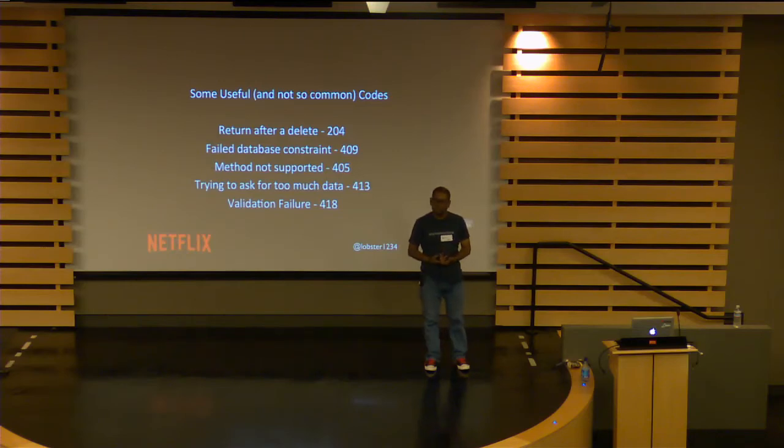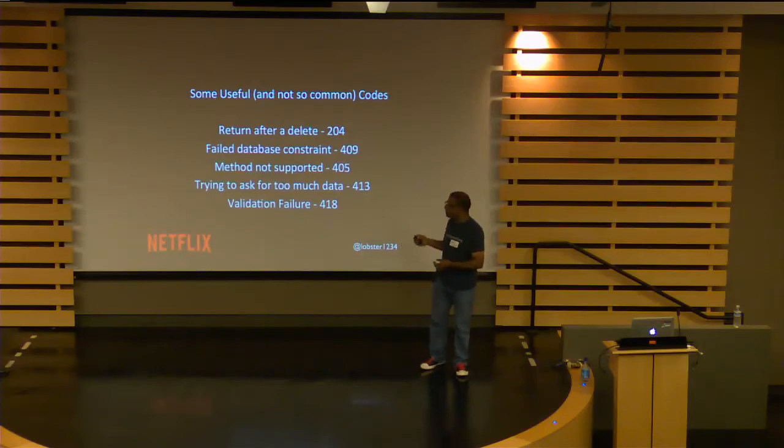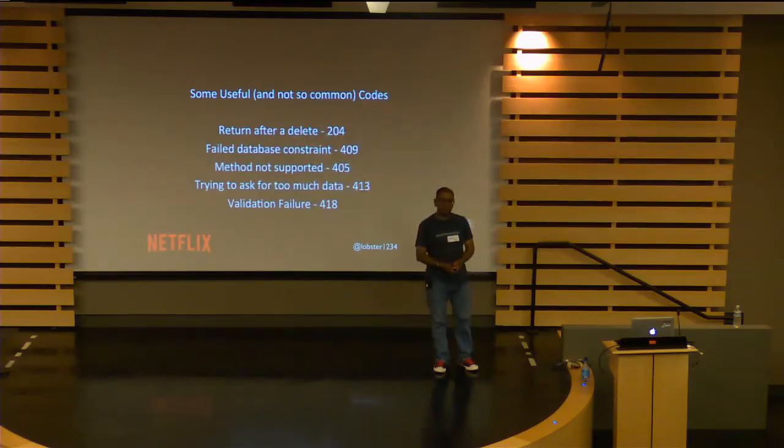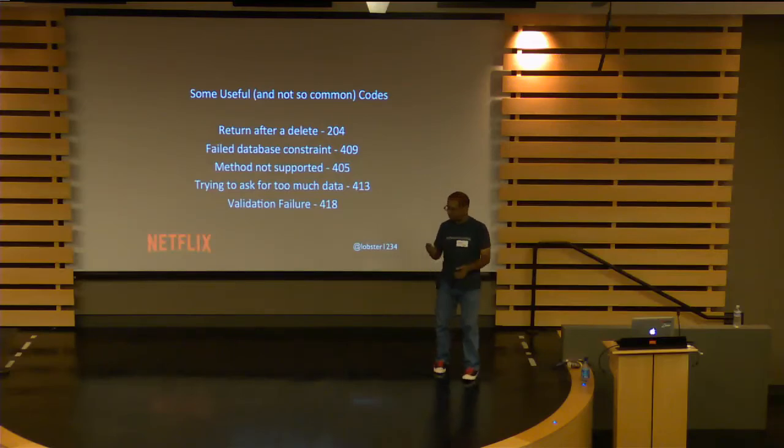That's not exactly an anti-pattern or a pattern, but a best practice: implement pagination and have limits. For example, if my limit is 100 and you ask me for 1,000,000 records, with question mark count equals 1,000,000, I'd return 413, saying, hey, you're asking for too much data. And if you notice, 413 starts with a 4, it's a client-side error. You don't have to process that request, you reject it at the gate.